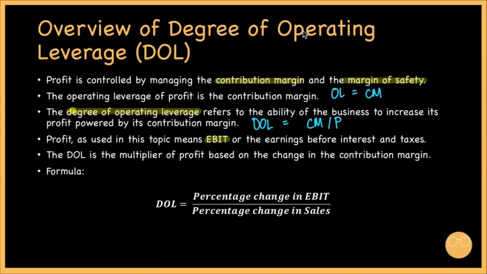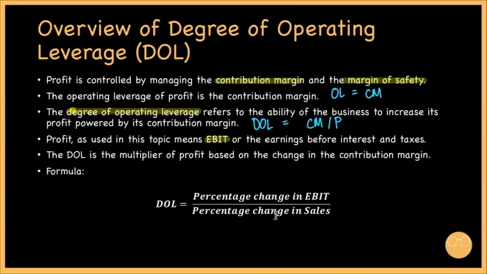Aside from knowing that DOL is equal to the contribution margin divided by the profit, we have to remember this alternative formula: the degree of operating leverage is equal to the percentage change in EBIT divided by the percentage change in sales.